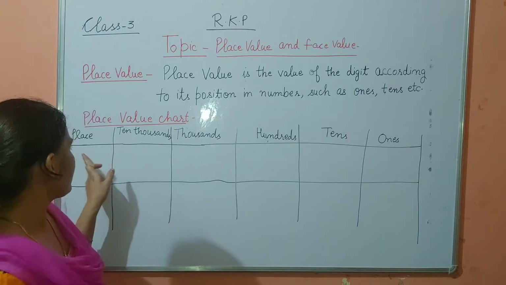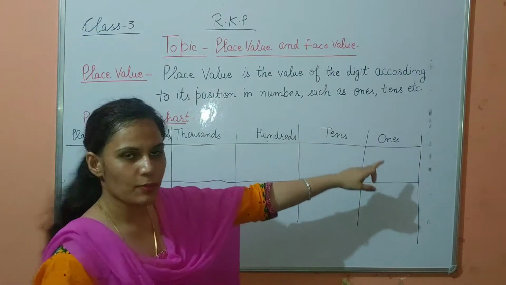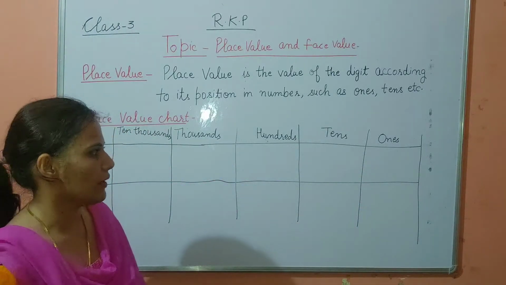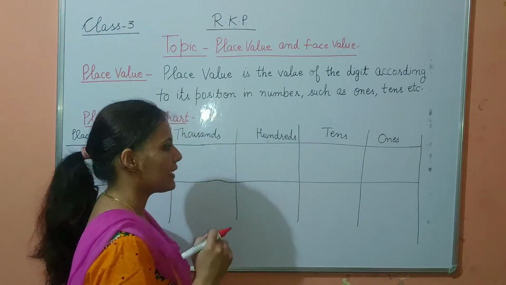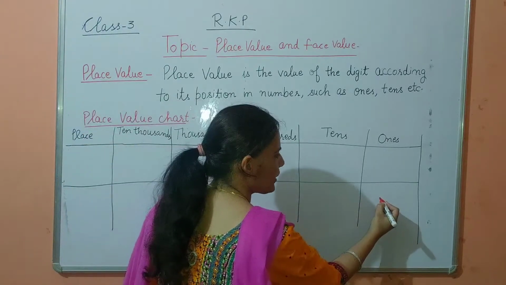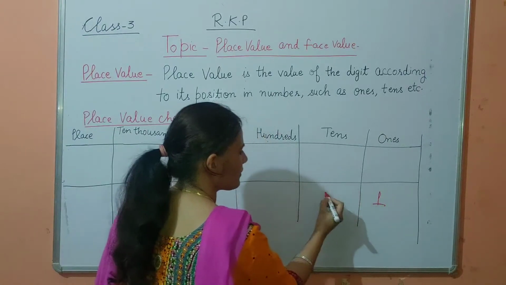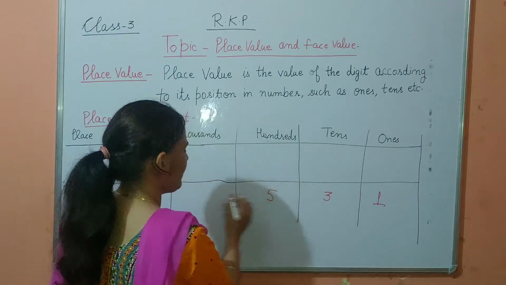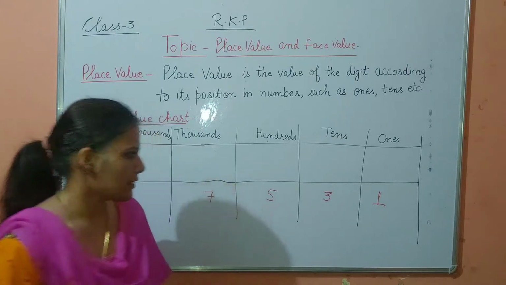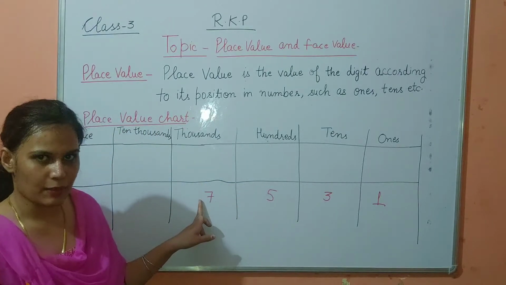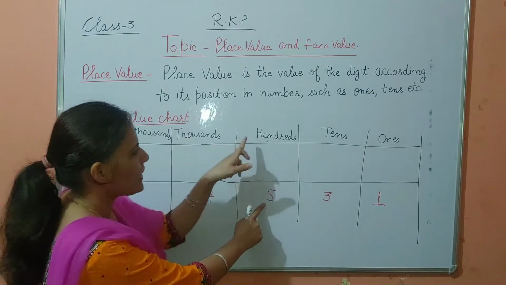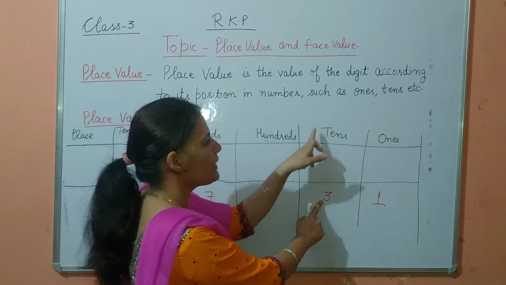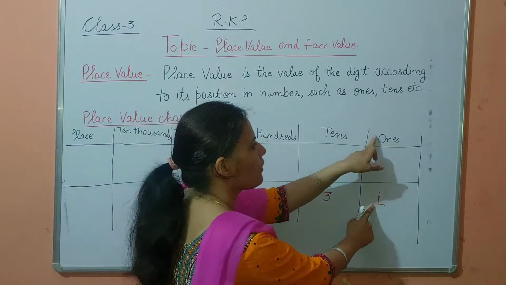So when any digit comes at one's place, like I take an example to make it clear. If I take the number 7531, read this number: 7 thousand, 5 hundred, 3 tens and 1 ones.